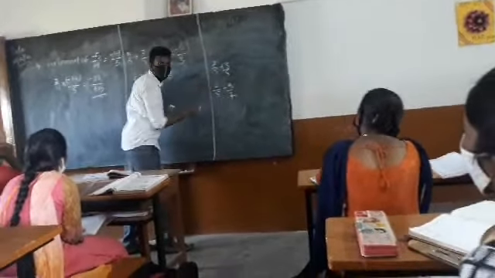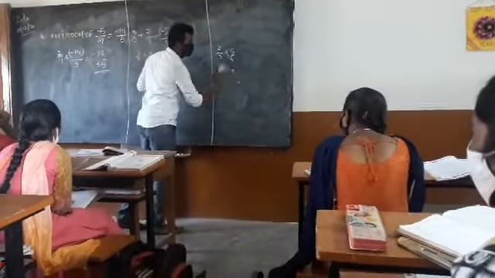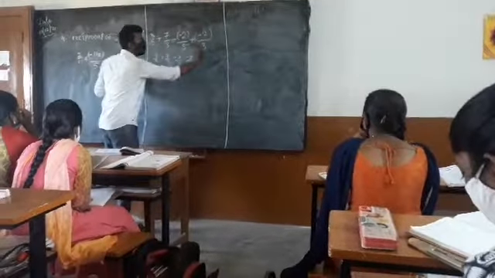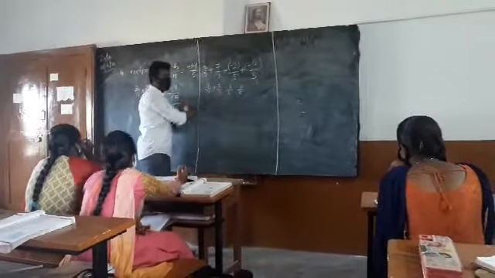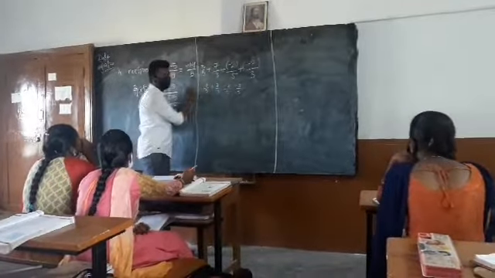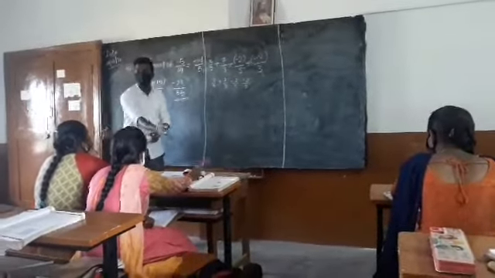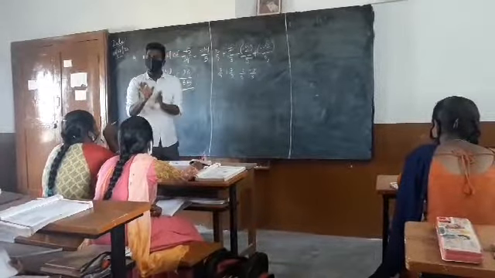Because the denominators are the same, you can directly add the numerators. Likewise, where are the equal denominators among these four? First one and third one. Second one and fourth one. You need to rearrange, as said in the textbook, such that it will be easier to add.